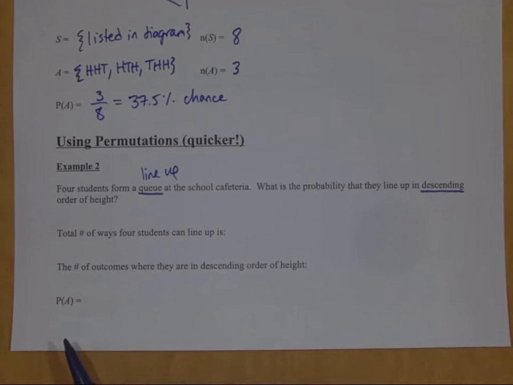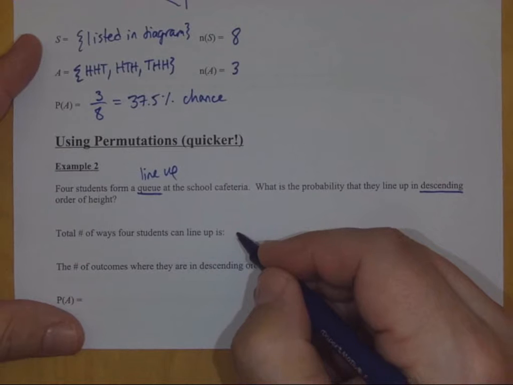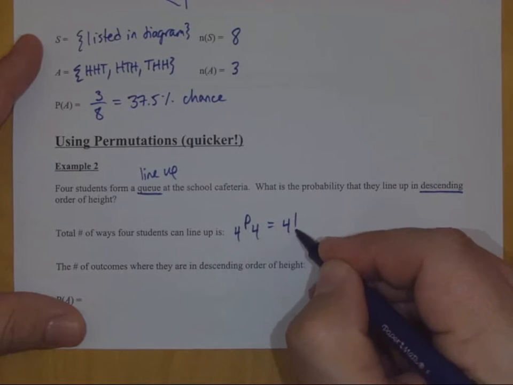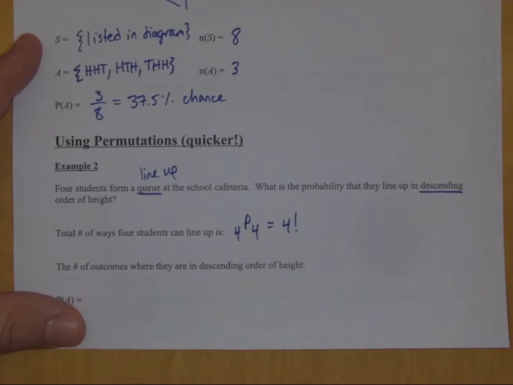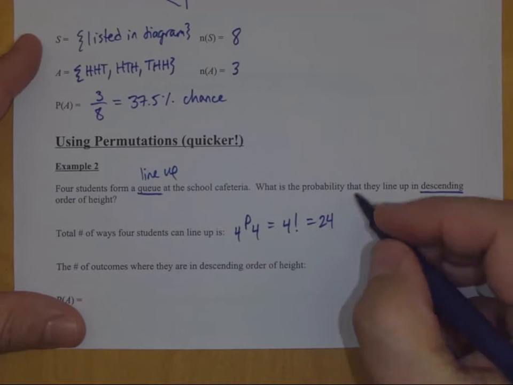So if order matters here, then the total number of ways that we could line these 4 students up for lunch at the cafeteria is 4P4 or 4 factorial ways. 4 factorial is, you guessed it, 24 ways.